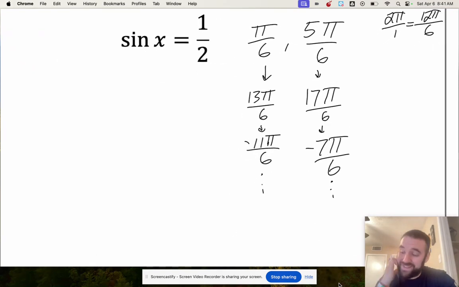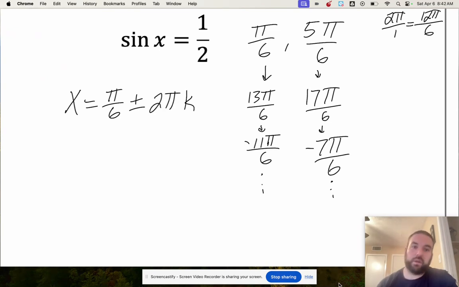So how I'm going to write this is I'm going to say that x could be pi over 6 plus or minus 2 pi times k, where this k value is any integer you want. It could be positive or negative 1, positive or negative 2. How many times you want to go around the circle, you can do it as long as you are coterminal to pi over 6.